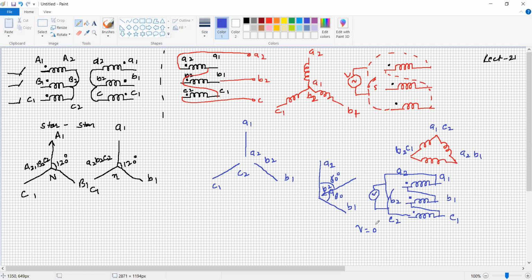Before starting the vector group, it is very important to understand the valid star connection and valid delta connection.